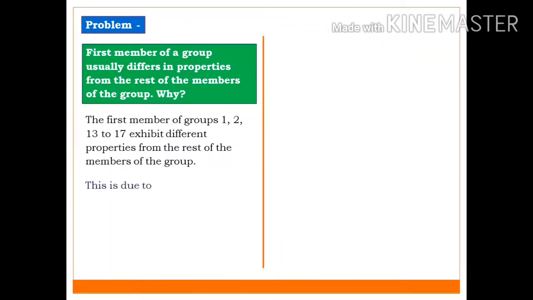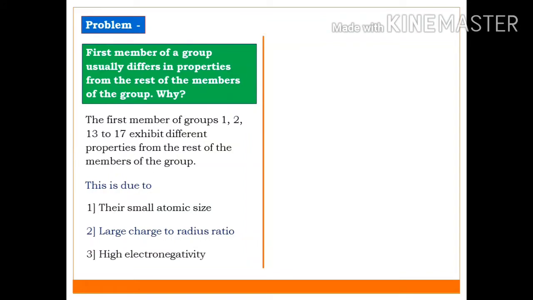The reasons behind this are: they have a very small atomic size as compared to the other elements of the group, they have a large charge to radius ratio, and they are highly electronegative in comparison with the other elements of the group. These are not the only three reasons. Certain other factors are also operative.